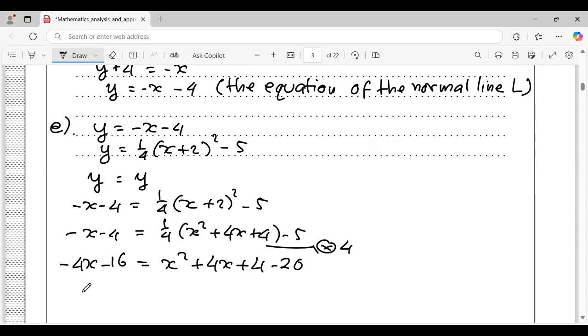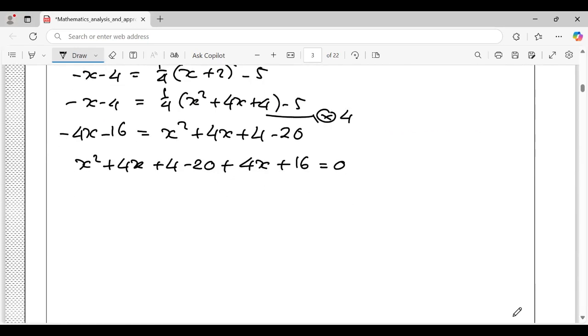It becomes x squared plus 4x plus 4 minus 20 plus 4x plus 16 equals 0. So it becomes x squared plus 8x, because 4x and 4x, and the constants become 0.